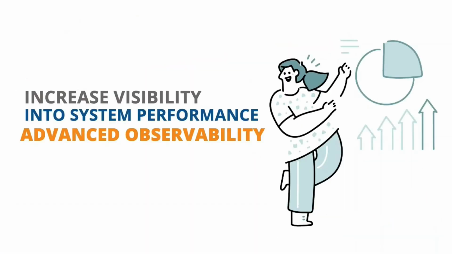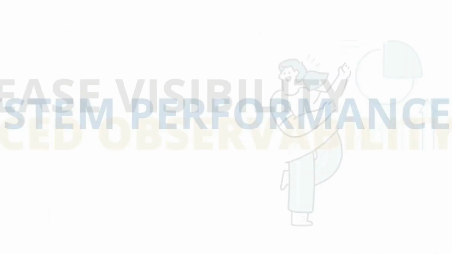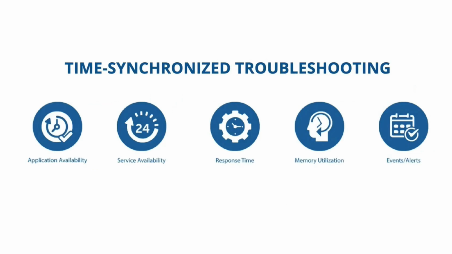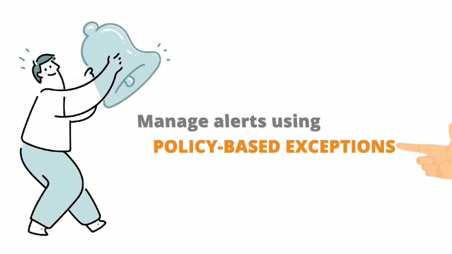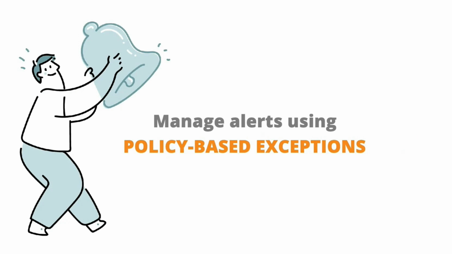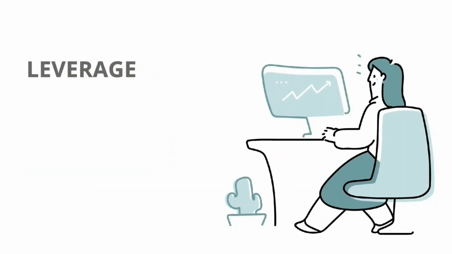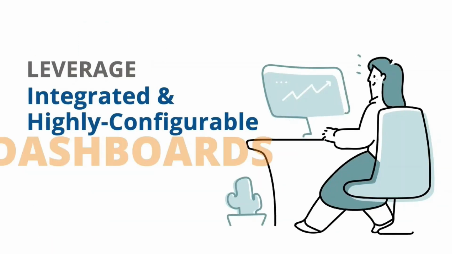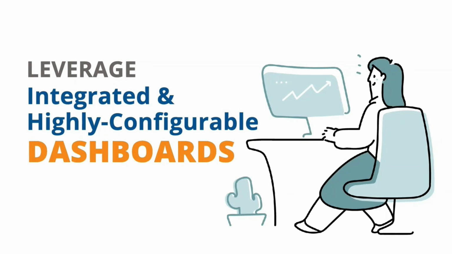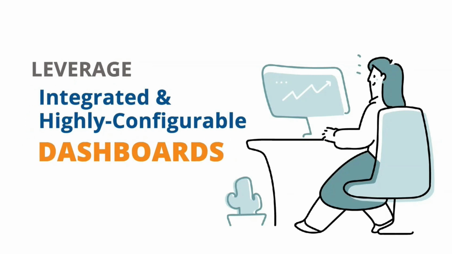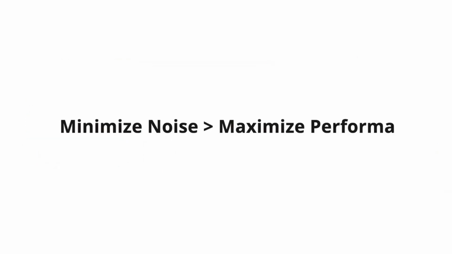Increase visibility into system performance with advanced observability features. Perform root cause analysis using time-synchronized troubleshooting. Manage alerts using policy-based exceptions. Leverage the integrated and highly configurable dashboards to show only what is meaningful to you, effectively minimizing noise and maximizing the performance of your systems.